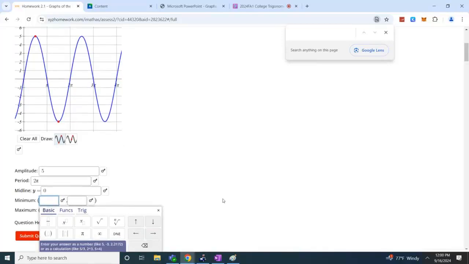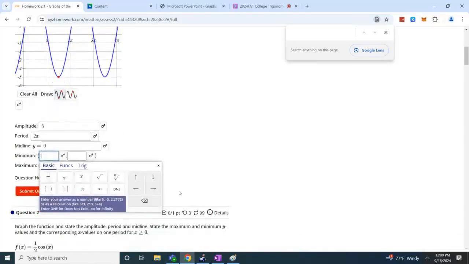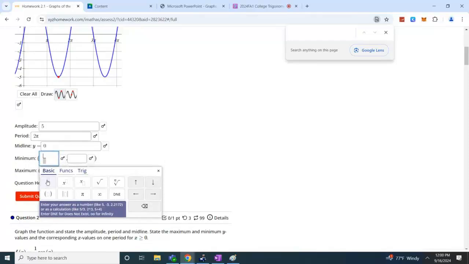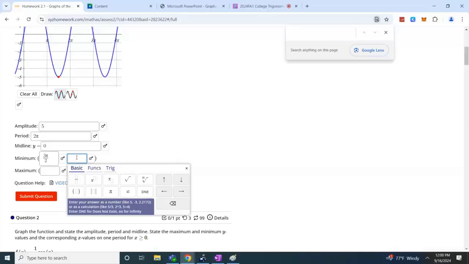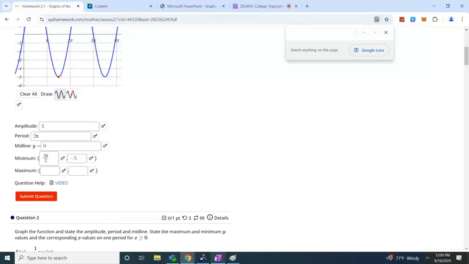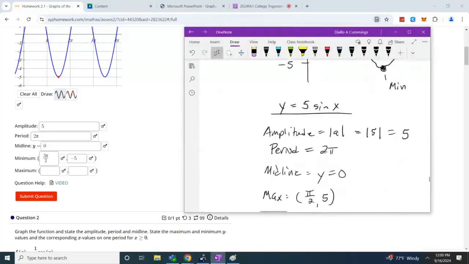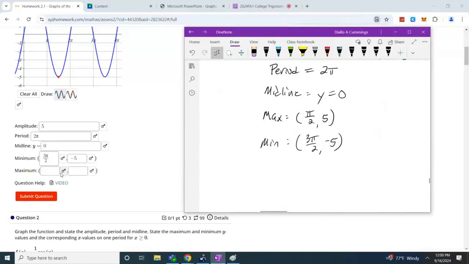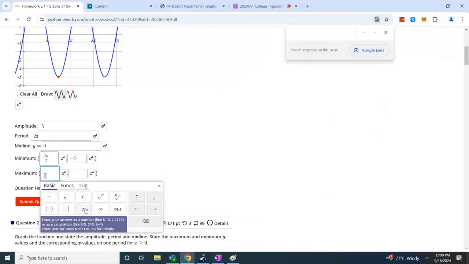The minimum is 3 pi over 2 comma negative 5, and the maximum was pi over 2 comma 5.